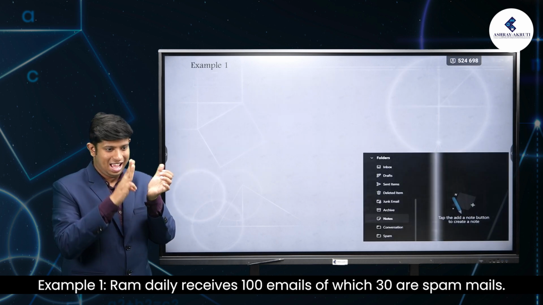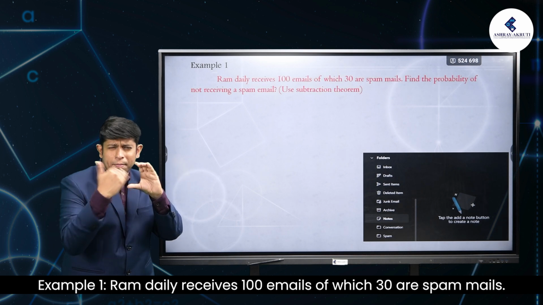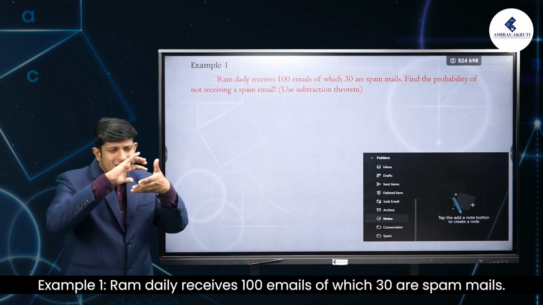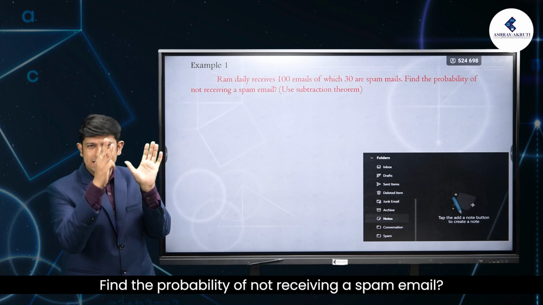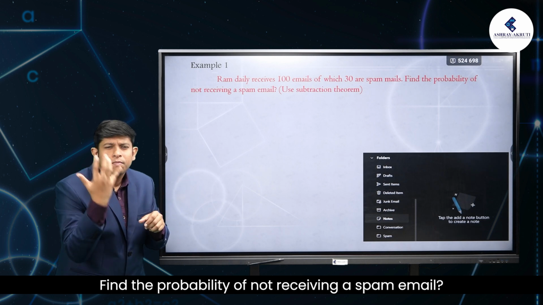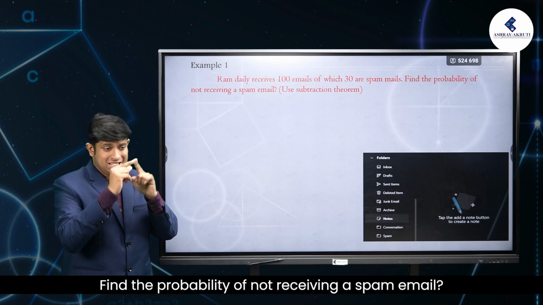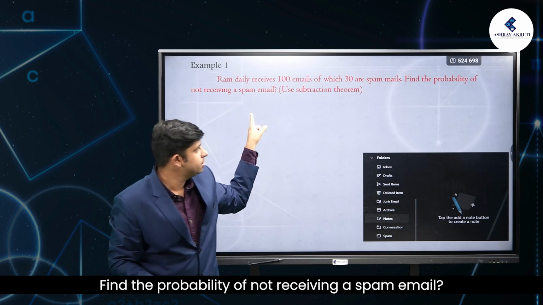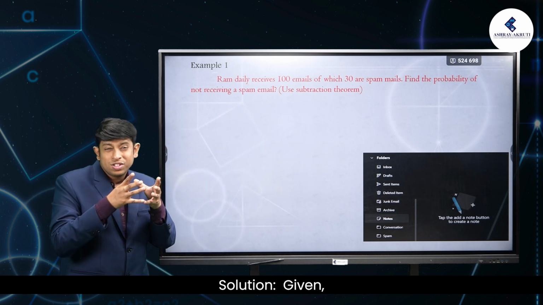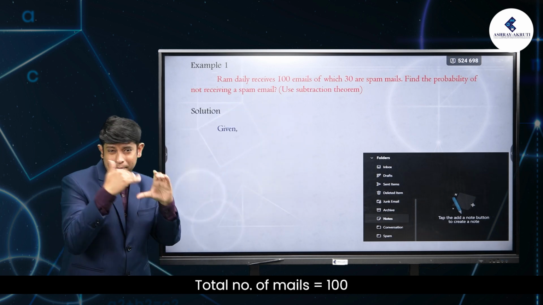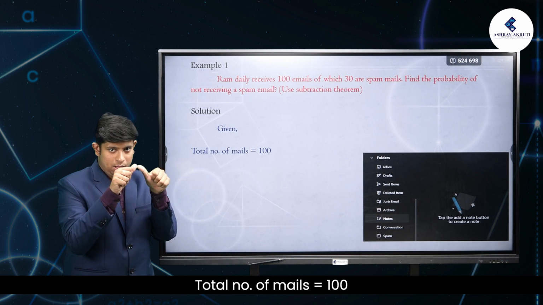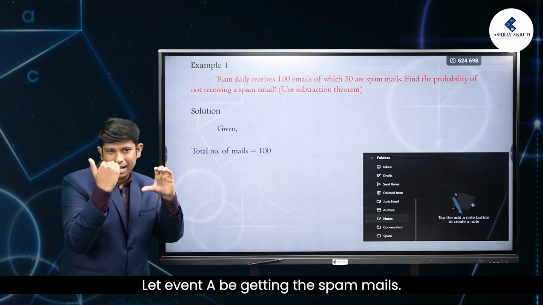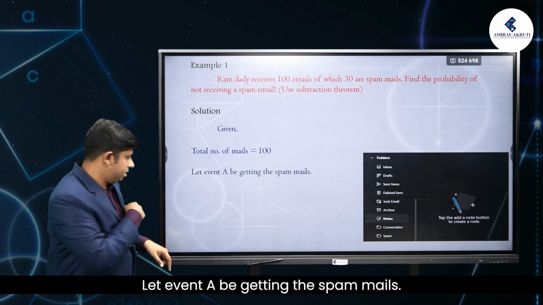Students, let us understand more about subtraction theorem of probability by solving some examples. Example 1. Ram daily receives 100 emails, of which 30 are spam mails. Find the probability of not receiving a spam mail. Solution. Given total number of mails is equal to 100. Let event A be getting the spam mails.